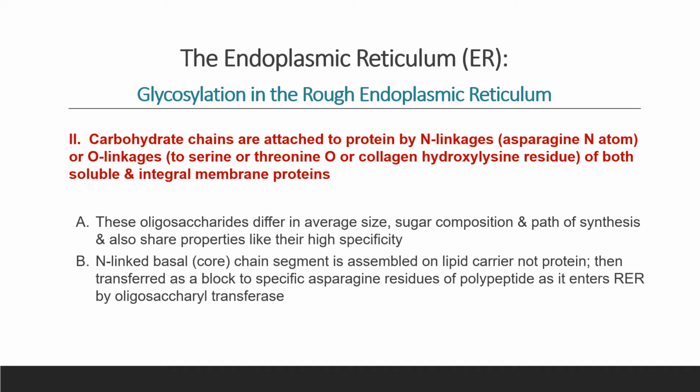So these oligosaccharides in the glycosylation in the RER differ in average size, sugar composition, and path of synthesis, and also share properties like their high specificity. The N-linked basal chain segment is assembled on a lipid carrier and not on the protein, then transferred as a block to specific asparagine residues of the polypeptide as it enters the RER by oligosaccharyl transferase.